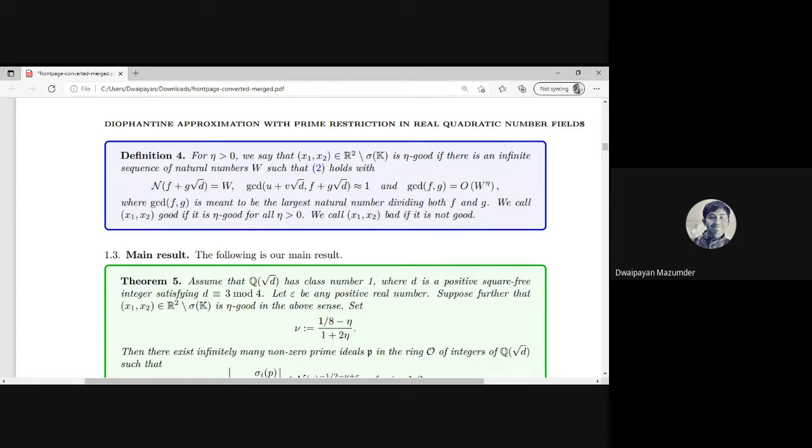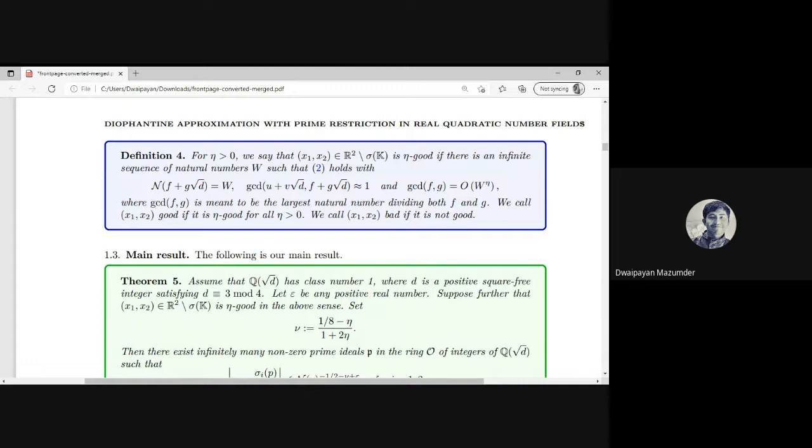The pair is good if it is η-good for all η greater than 0, and we call x1, x2 bad if it is not good, as usual.